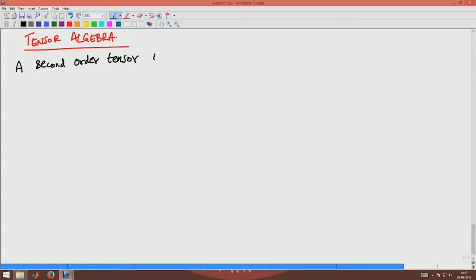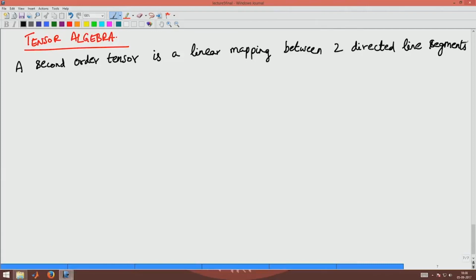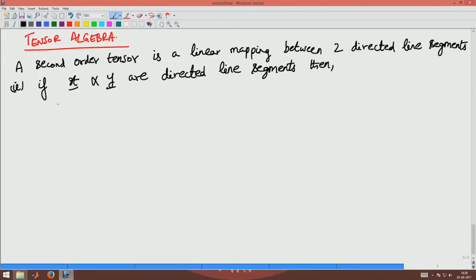A second order tensor is a linear mapping between two directed line segments, that is, if x and y are directed line segments, then y equals A times x, where A is a second order tensor.